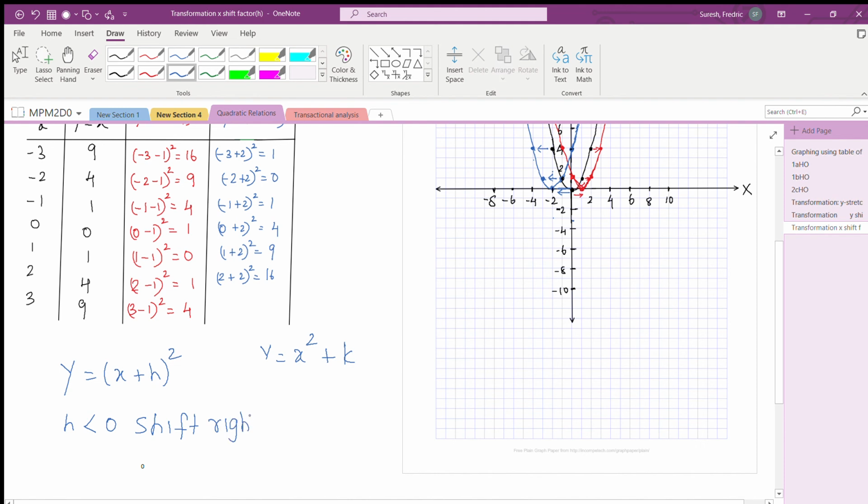Shift right by h units. If the h value is bigger than 0, you're going to shift left by h units.